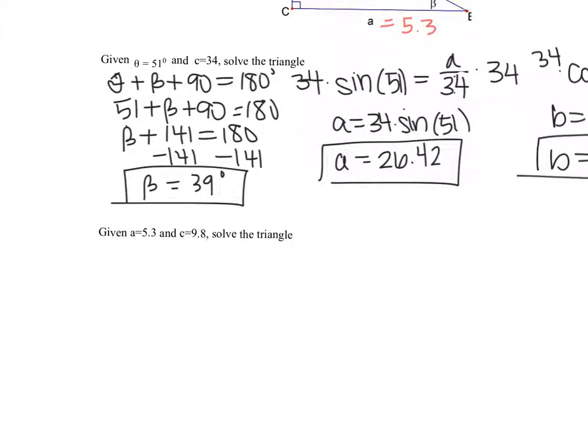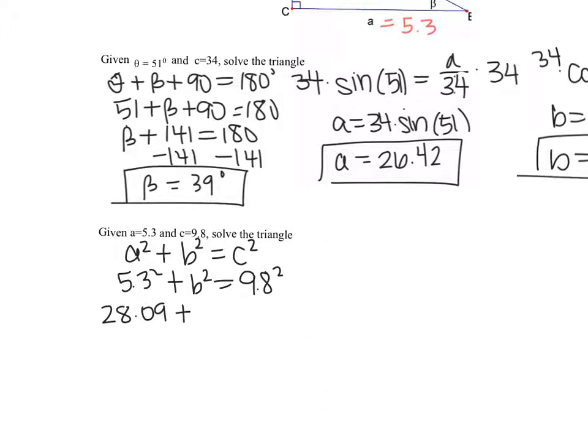So Pythagorean theorem, a squared plus b squared equals c squared. Since our sides are a, b, and c, I'm just going to plug in for the letter I'm given. So we know 5.3 squared plus b squared has to equal 9.8 squared. 5.3 squared is 28.09 plus b squared equals 9.8 squared, which is 96.04.